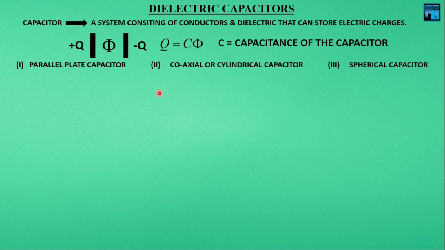In this part we shall discuss only the parallel plate capacitor. Capacitors are very important in electrostatics, so I have divided this lecture into two parts. In our second part we shall discuss the other two types of capacitors.